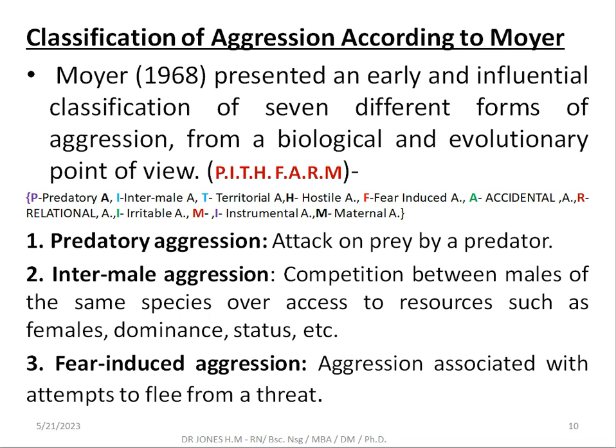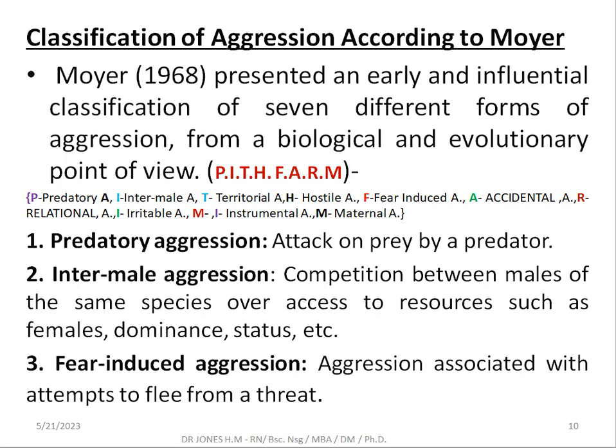Then T is for territorial aggression, H is for hostile aggression, F is for fear-induced aggression, A is for accidental aggression. Then R is for relational aggression, and M is for maternal aggression. Please take note that paternal aggression is also one of those types of aggression, so the P for predatory, P for paternal can still be used within this mnemonic.